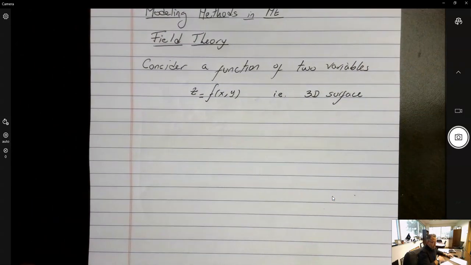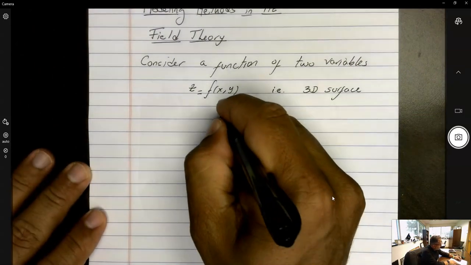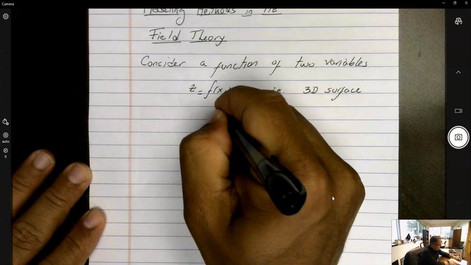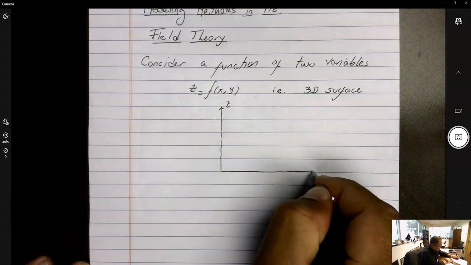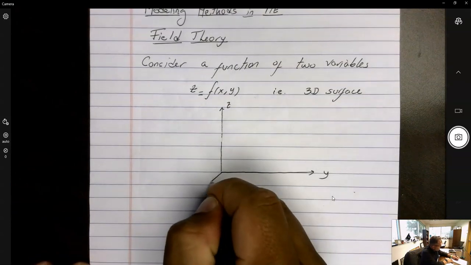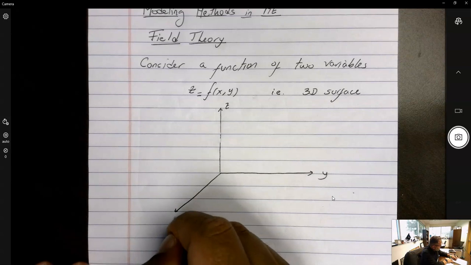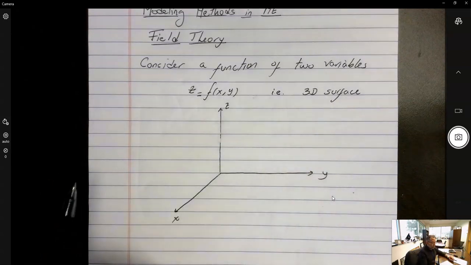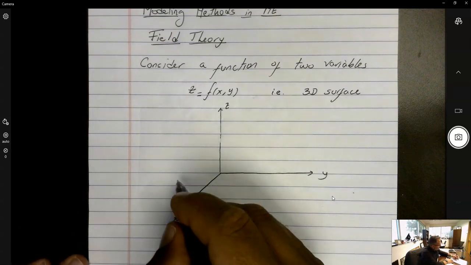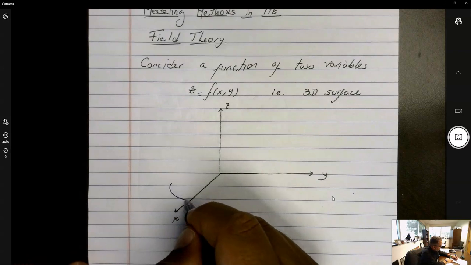If we try to plot this, this is what we'll find, in the xyz plane, or Cartesian coordinates. So this is xy, so for every value of xy there'll be a value of z, and this will produce something like a 3D surface. So let's plot this.